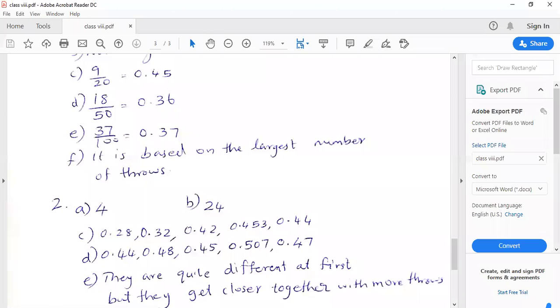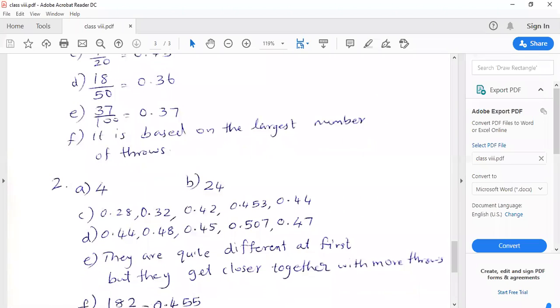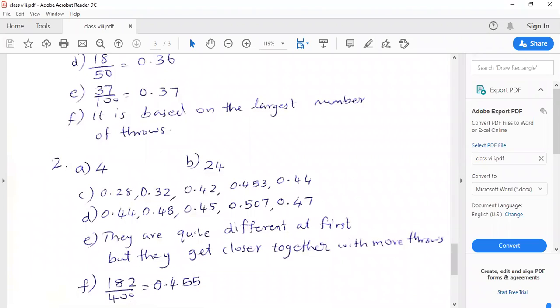Make it decimal. 182 out of 400. Okay, finished? Yes.